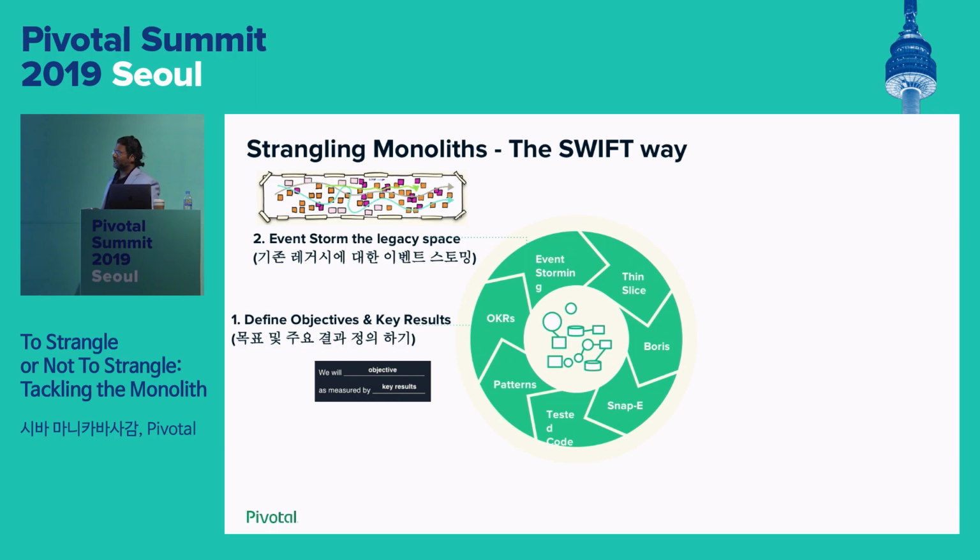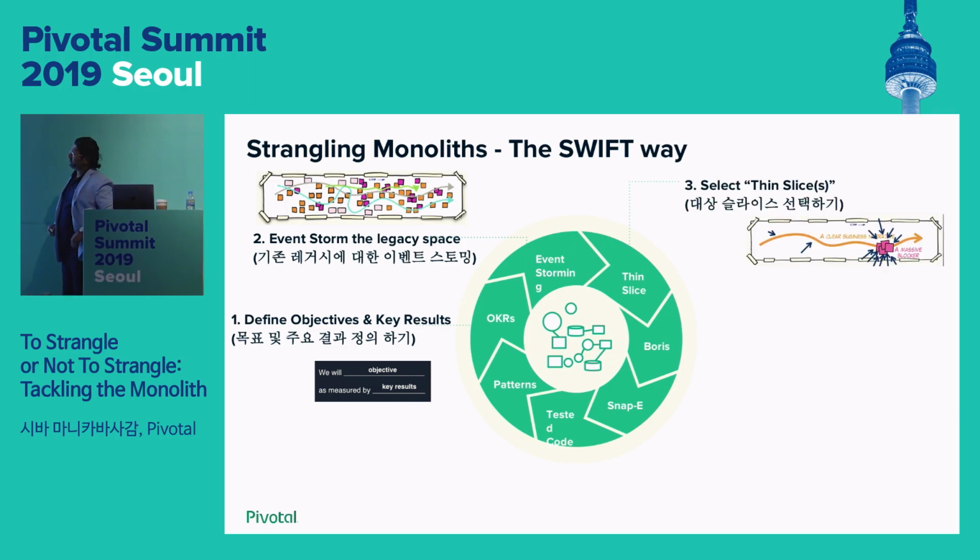But we EventStorm the legacy space, and the critical success factor of this technique is the presence of business subject matter experts. So the technique heavily depends on having multiple experts in one room brainstorming and coming up with an end-to-end process.